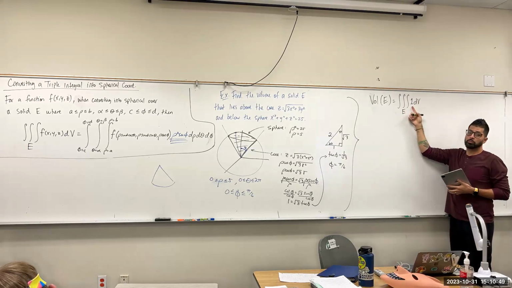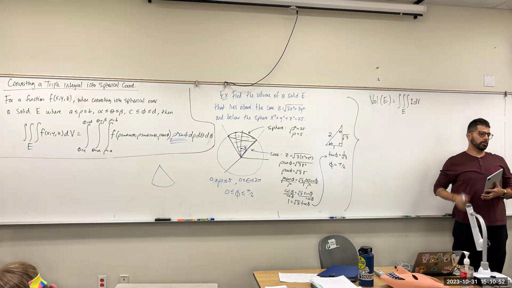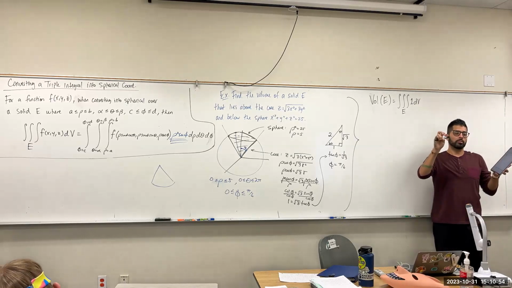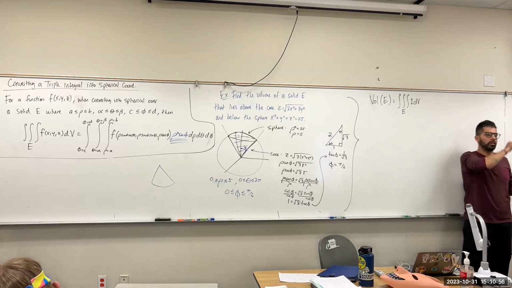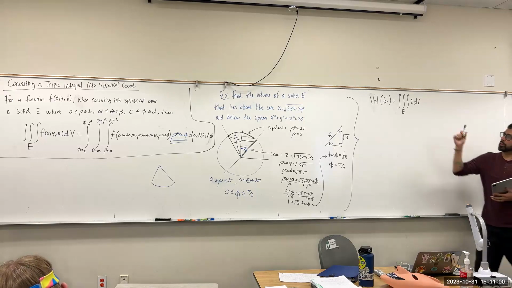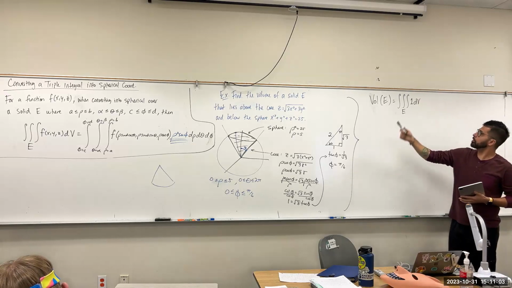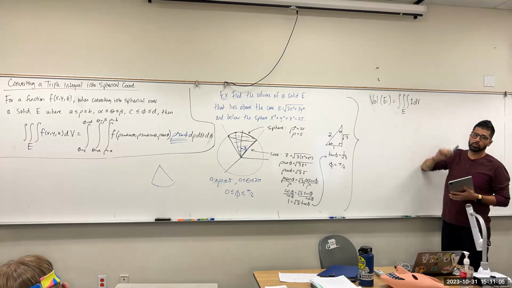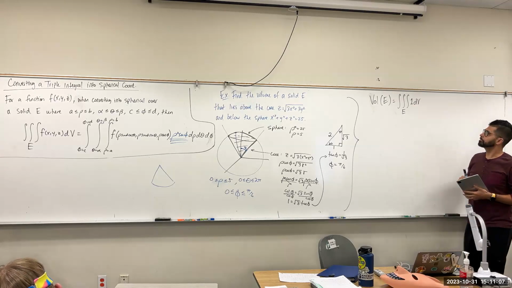If you integrate the function 1, then you do get volume. The hypervolume equals the volume of the solid. So if it asks you for volume and you're using a triple integral, just make sure you triple integrate the function 1.